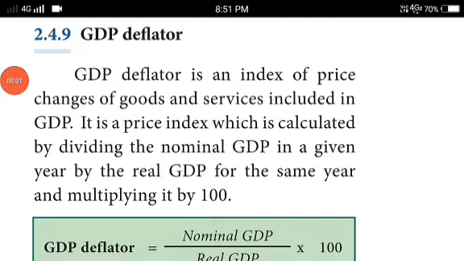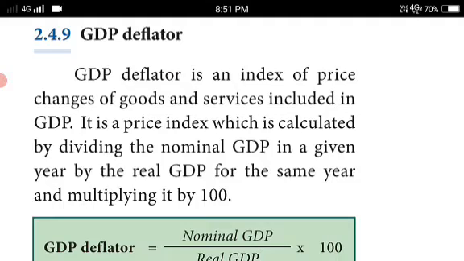Let us see GDP deflator. GDP deflator is an index of price changes of goods and services included in GDP. Whatever changes happened in the market about goods and services, that is the GDP deflator.